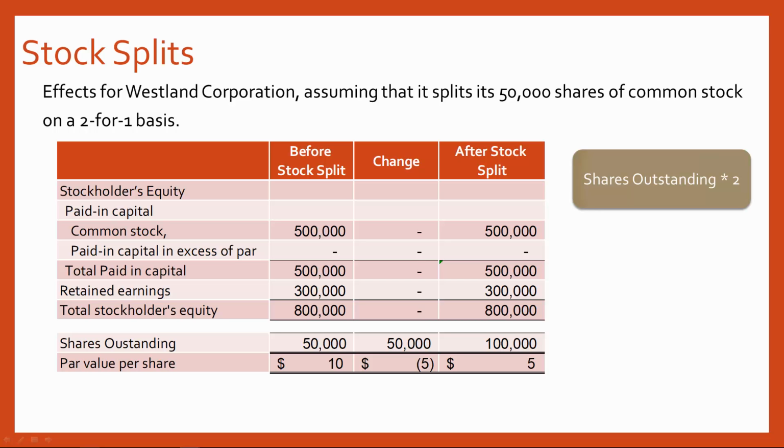Our par value was initially $10, but we split that in half, and so it becomes $5. Before, we had 50,000 shares at $10 par, which was $500,000 in common stock. Now we have 100,000 shares at $5 par, which is also $500,000 in stock.